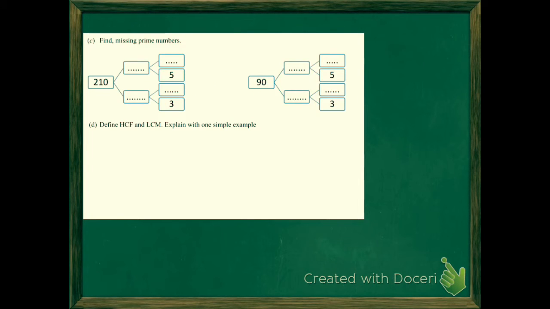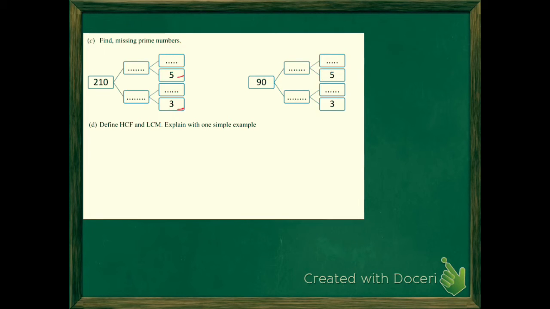Here you need to fill in these blanks. It's a similar kind of tree diagram where you need to start with 210, then you need to fill in here, but remember they have already given you some numbers, 5 and 3, so make sure you write a number which is a factor of 5 here, and then 3 here.